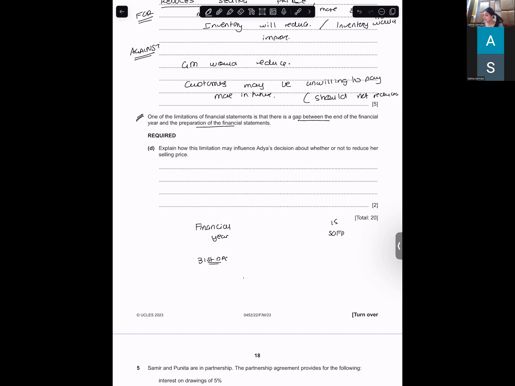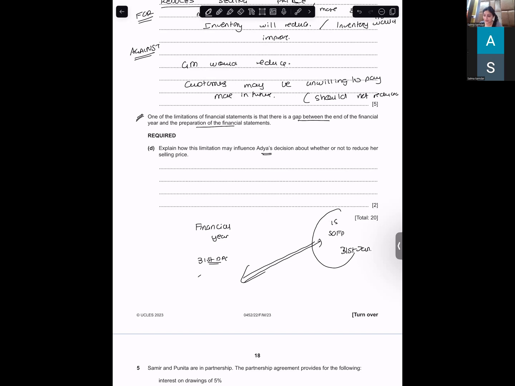Maybe your year ends on 31st December and it takes until 31st January before your income statement is prepared. So when she prepared her income statement, Adya came to know that she has a huge closing inventory.